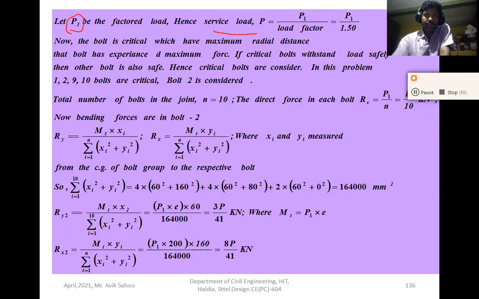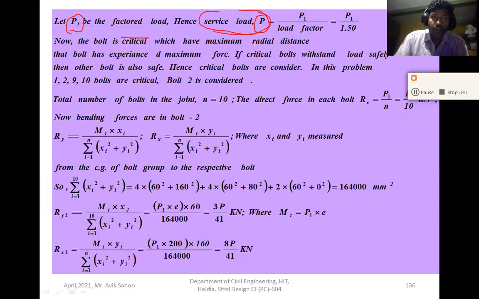So P is equal to P1 by load factor, where P1 is the factored load, and hence service load P equals P1 by load factor. So that P you have to find out. Load factor is how much? You know that for dead load and live load, the load factor is 1.5.